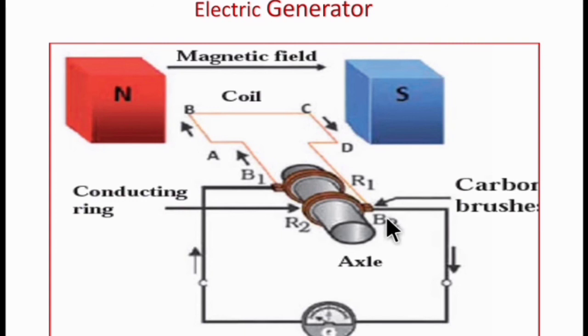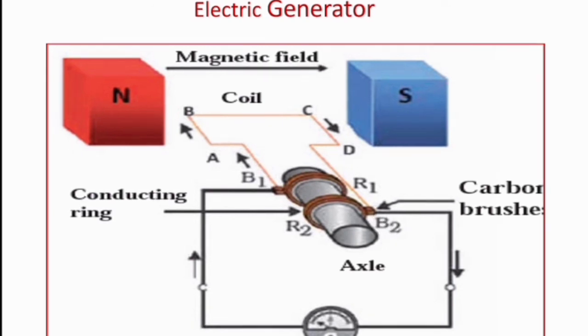Hence, in the external circuit, current flows from B1 to B2. That is opposite to the previous half rotation. This repeats after every half rotation and alternating current is produced. This is what is called an AC generator.